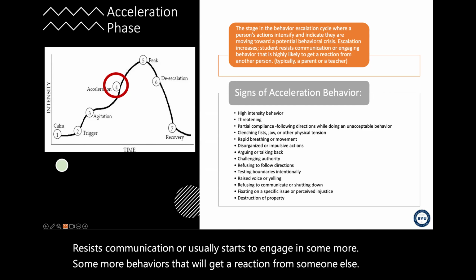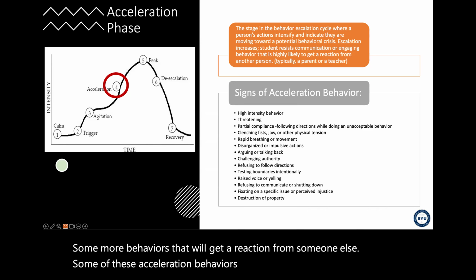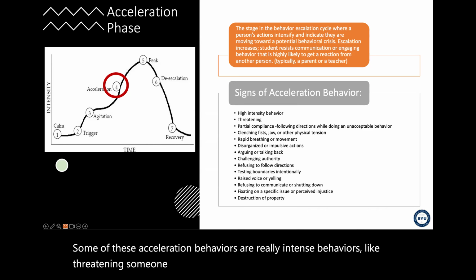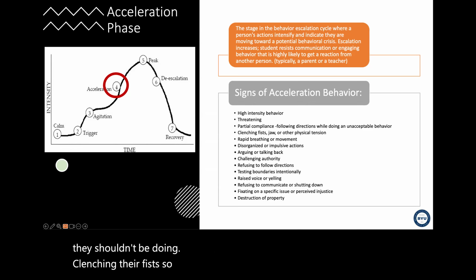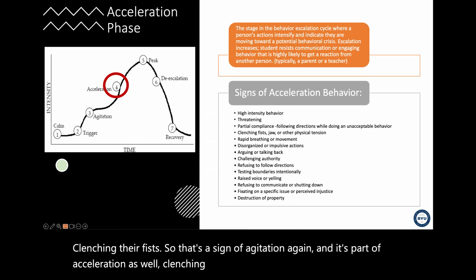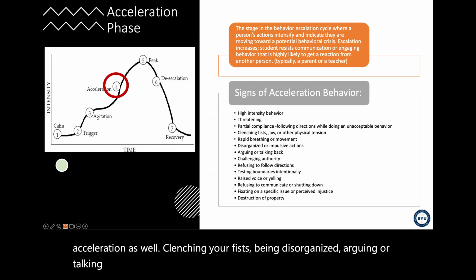Some of these acceleration behaviors are really intense behaviors like threatening someone else, not following directions while doing something that they shouldn't be doing, clenching their fists. So that's a sign of agitation again, and it's part of acceleration as well. Clenching your fists, being disorganized, arguing or talking back is a big one that I see.